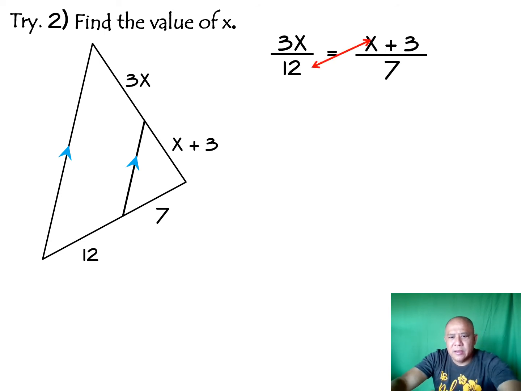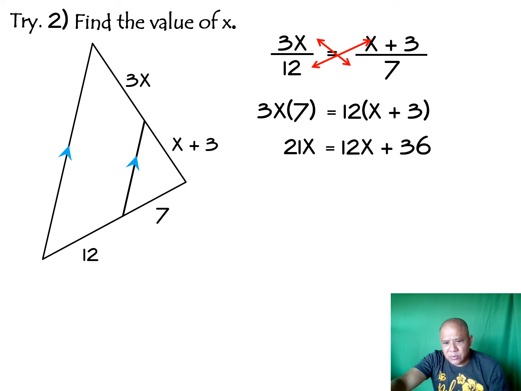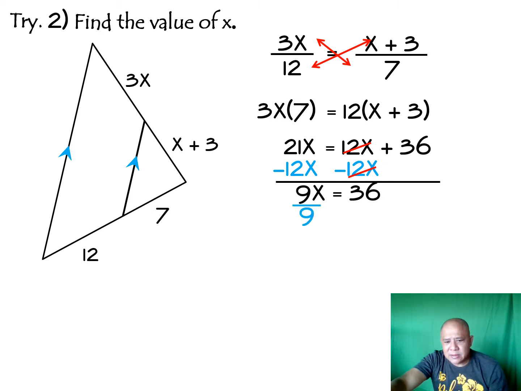Cross multiply. 3x times 7 equals 12 times x plus 3. 21x equals 12x plus 36. Again, I have a two-step equation. Minus 12x from both sides. 21x minus 12x is 9x. Divide by 9. And 36 divided by 9 is 4. There you go. That's the value of x.